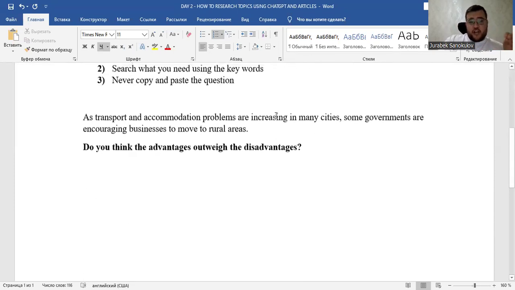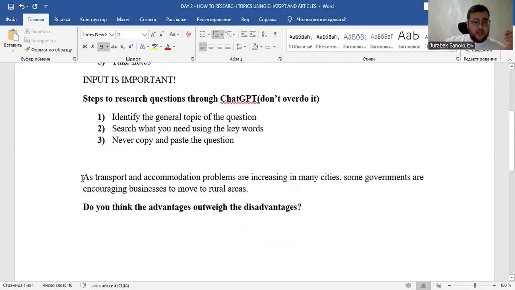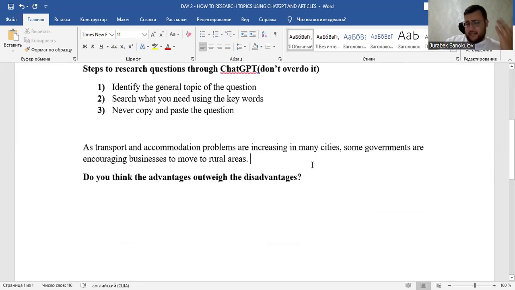So let's try to identify the main topic and main point of the question. I'd say that I guess it's easy to notice. You need to discuss the advantages and disadvantages of businesses moving to rural areas. And let's just say the countryside.